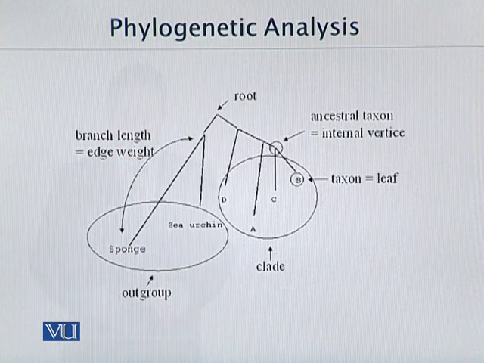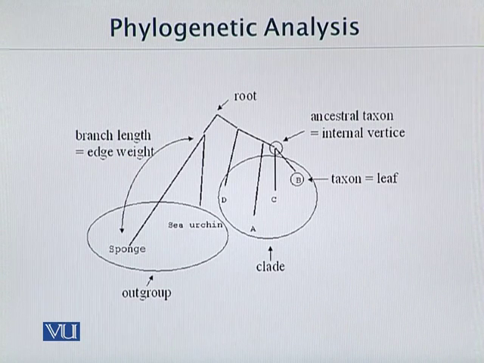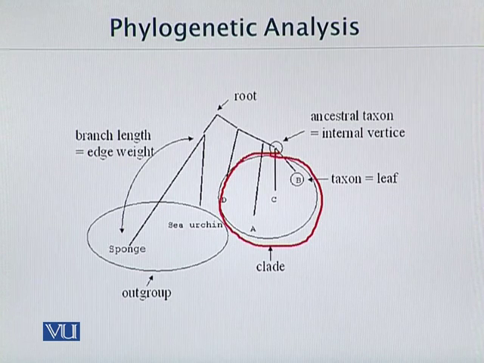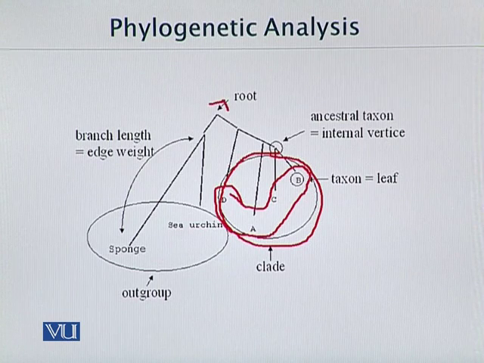Here I have given an example to explain some more concepts related to cladistics. One common concept was clade, which is shown here as a group, this complete cycle. This is a clade. Individual elements within a clade are called taxons, which are also called leaves. So these four are different taxons, which are leaves for this clade tree. Then we have a root node, which is the common ancestor for all the remaining things.